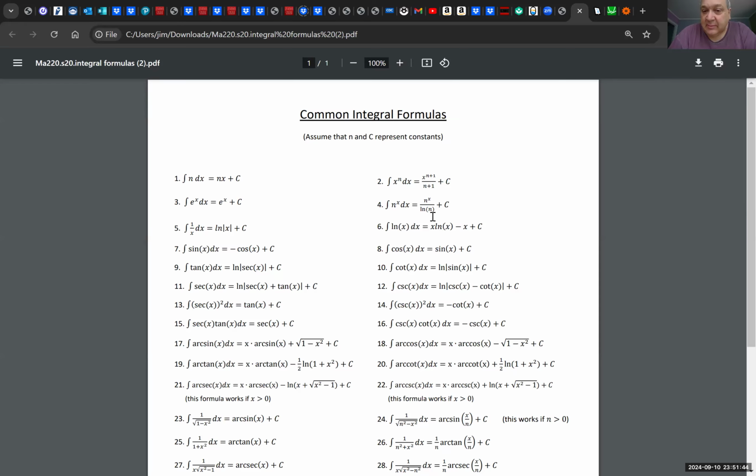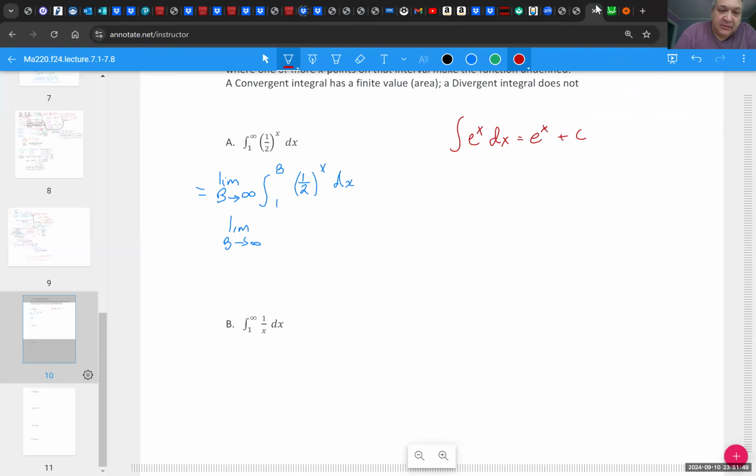So we need to divide it by ln of 1/2 in this case. All right, so this is going to be the same thing, 1/2 to the x, and then divided by ln of 1/2.